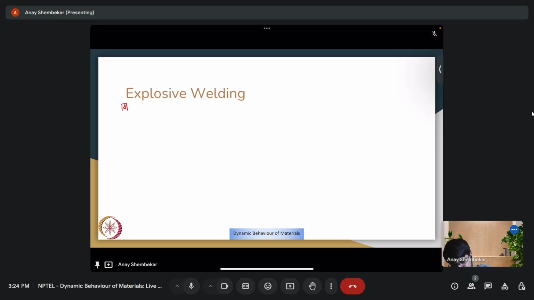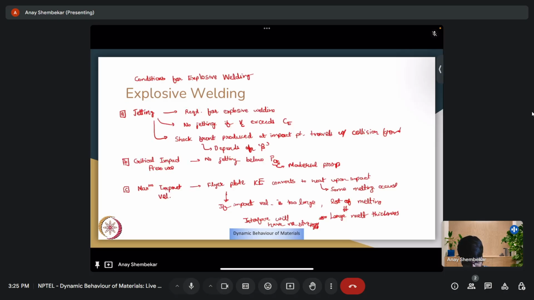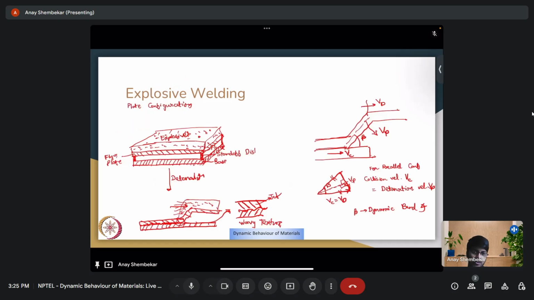Fourth condition is critical flow transition velocity. Again, we have seen in the zoomed in microstructure that you can have a sort of wavy texture where the flyer plate will weld with the base plate.